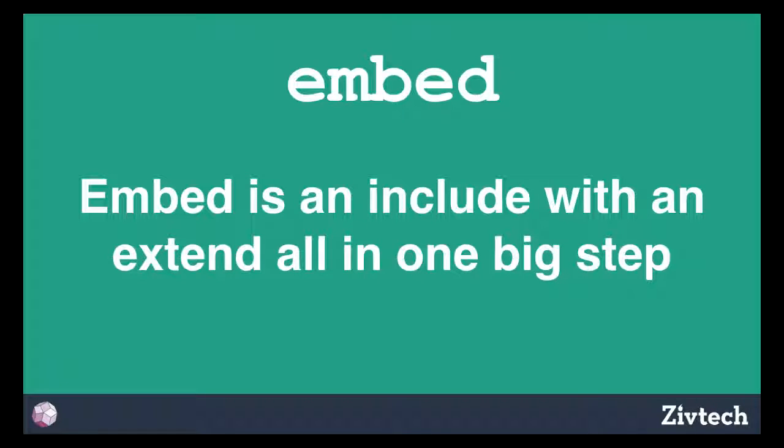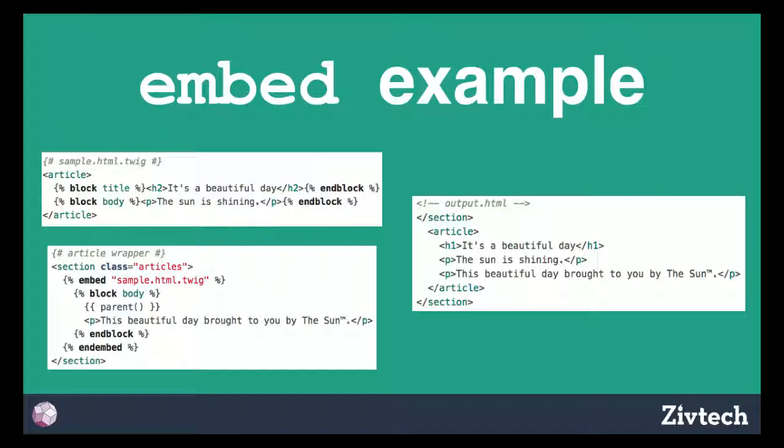Now, an embed is like an include and an extend all at once. With an embed, you can see here I've got an article with a title, it's a beautiful day, and a body saying the sun is shining. But what if I want to wrap that?